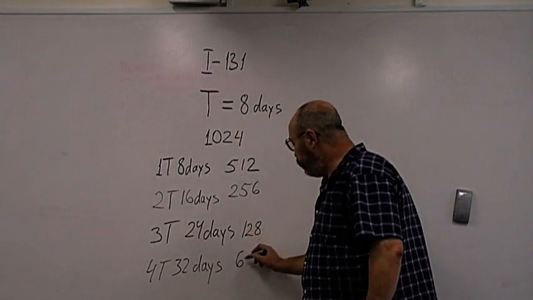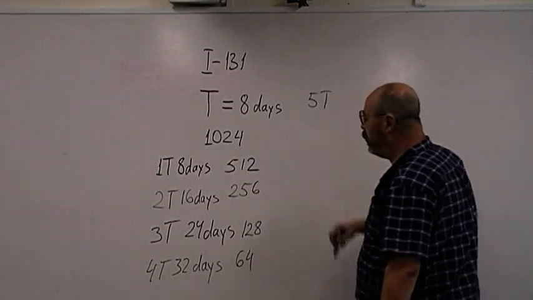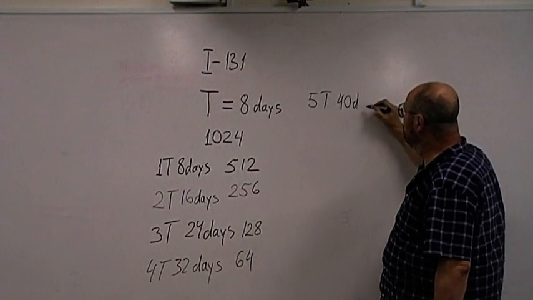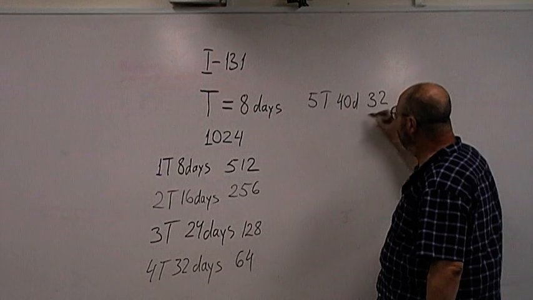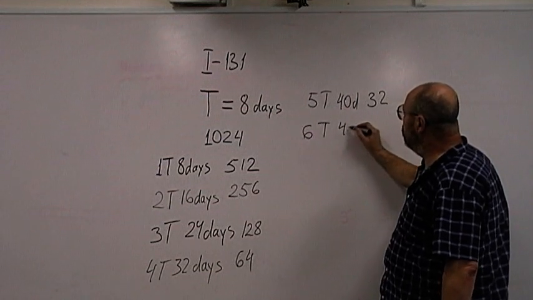We have 64 left. 5 periods of half-life, so 40 days. We have 32 left. 6 periods, it's 48 days.